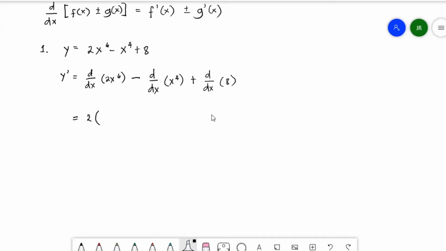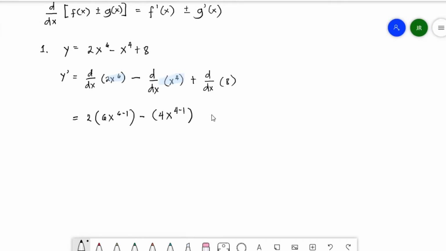Ibaba natin si exponent which is 6. Copy the variable x, and then yung 6 na exponent ay babawasan natin ng 1. Next, copy the operation subtraction. Kunin ang derivative ni x to the 4th power. Ibaba sa exponent which is 4. Copy the variable x, and then yung 4 na exponent ay babawasan natin ng 1.